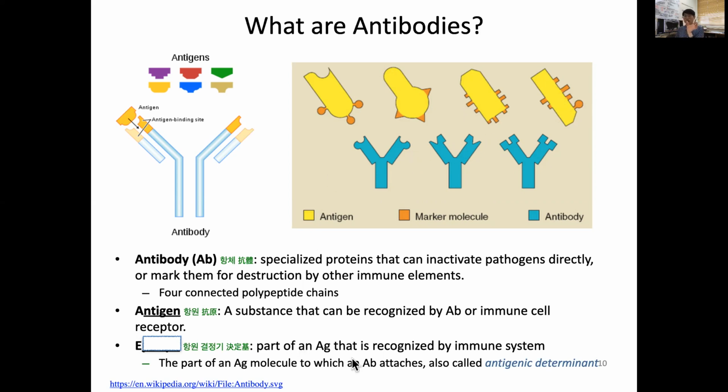The part of the antigen that is recognized by our immune system is called the epitope. Epi means surface, so it's on the surface. The part of the antigen molecule to which an antibody attaches is also called the antigenic determinant, okay? Because we are determining this antigen by our antibody.